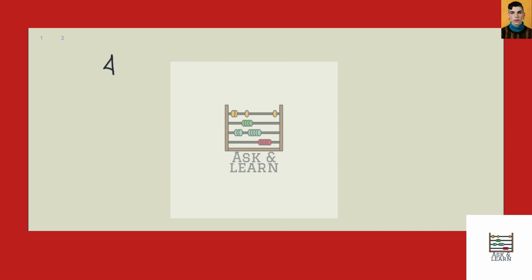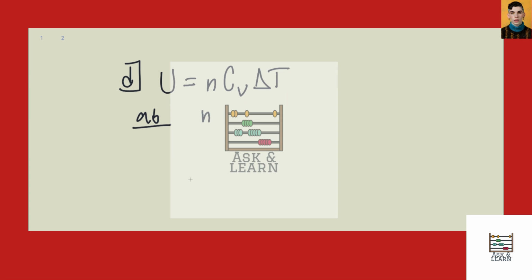D. Delta U equals N CV delta T. So for A to B, that's N CV delta T, and if you plug in all the numbers, you get 36 kilojoules.